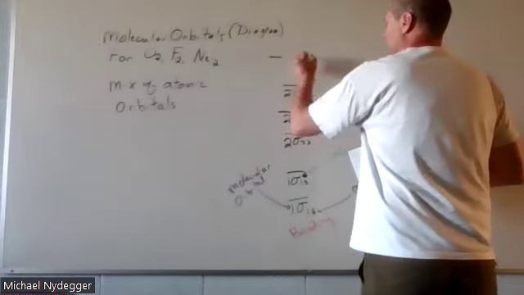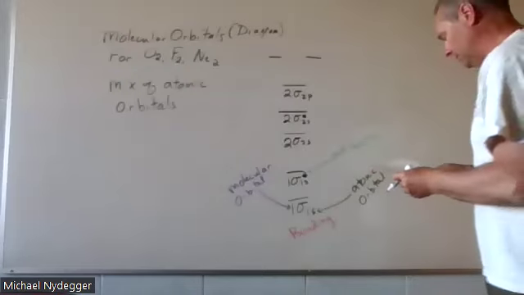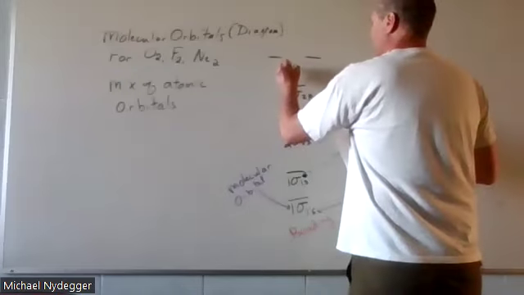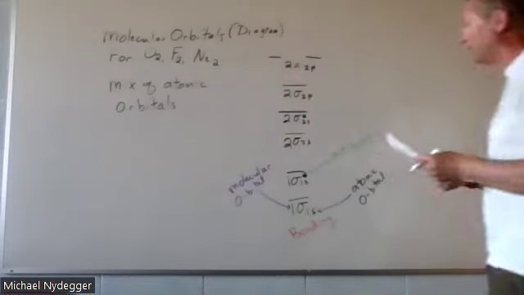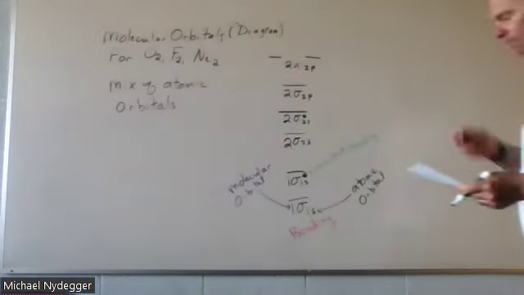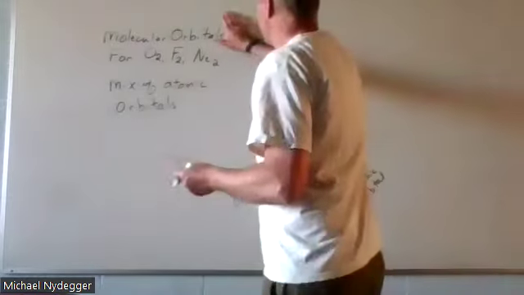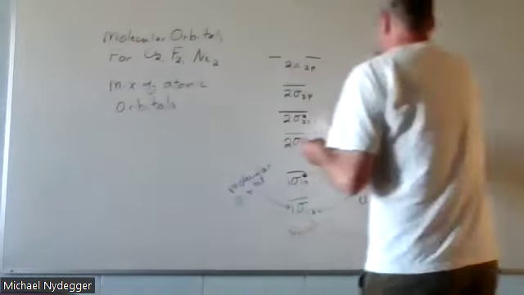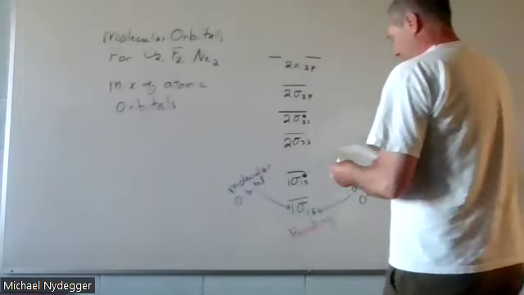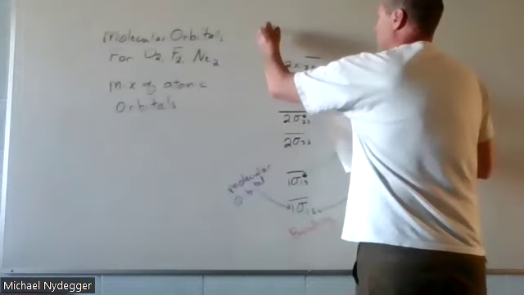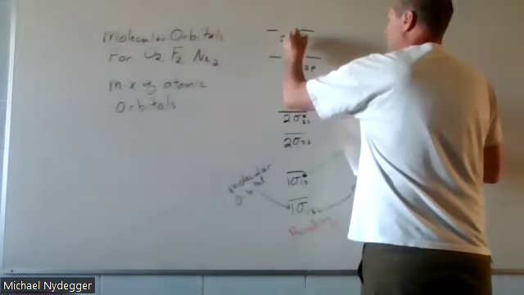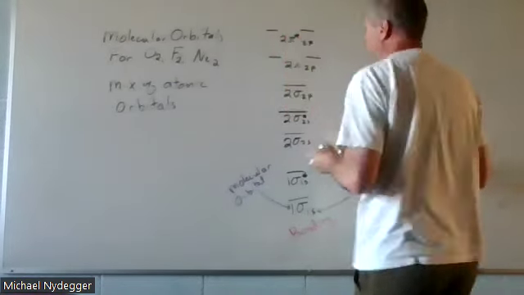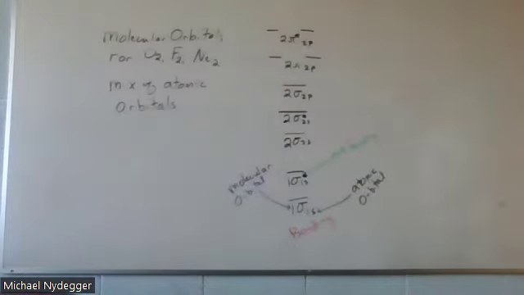Then up here, we've got the 2 pi 2p electron. Then up here, we have 2 pi star 2p. Okay.